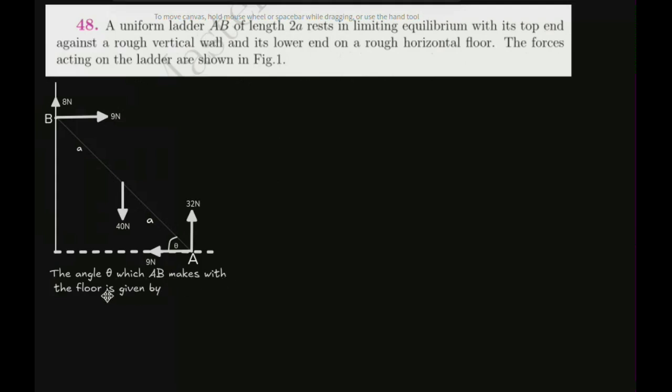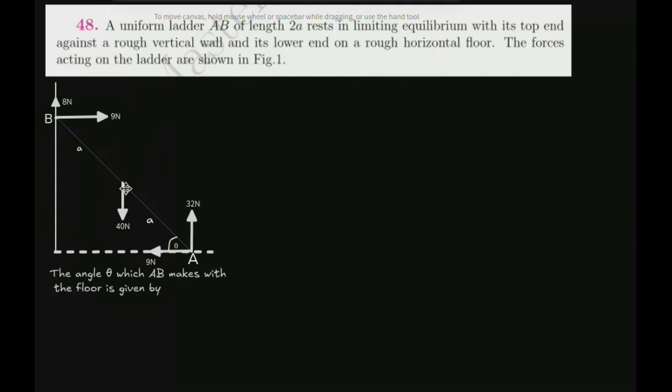Okay, so let's start by analyzing our system. We have been told that the vertical wall is rough and the floor is also rough, meaning there is friction at those points. This upward force, 8 Newton, is the friction force produced between the ladder and the vertical wall, and this horizontal force, 9 Newton, is the normal force produced by the ladder and the vertical wall.